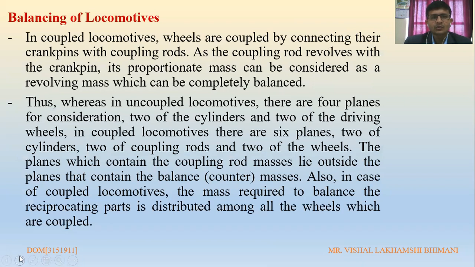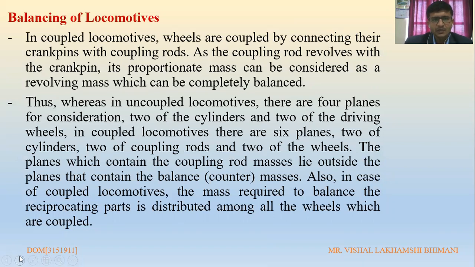In coupled locomotives, wheels are coupled by connecting their crank pins with coupling rods. As the coupling rod revolves with the crank pin, its proportionate mass can be considered as a revolving mass, which can be completely balanced.